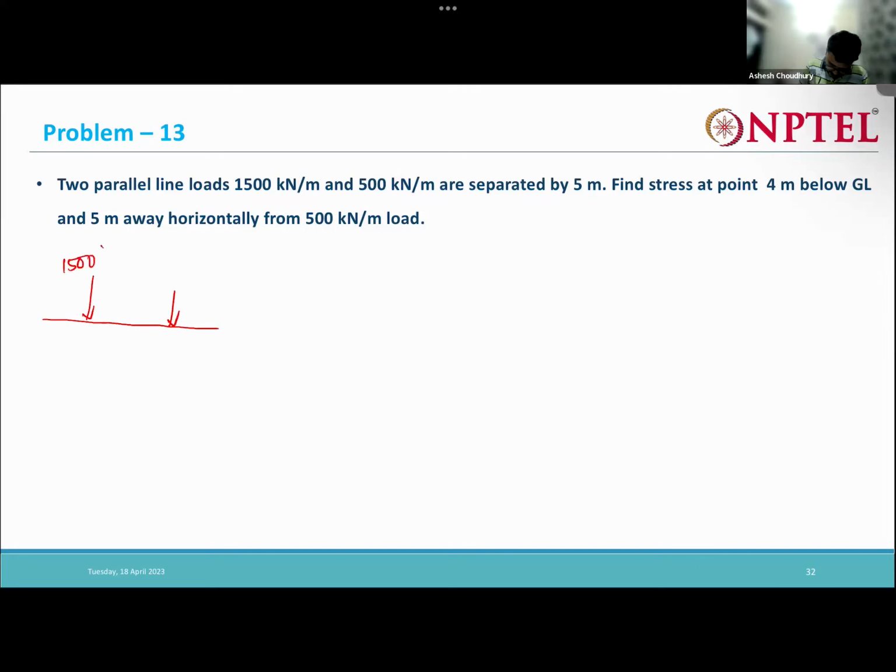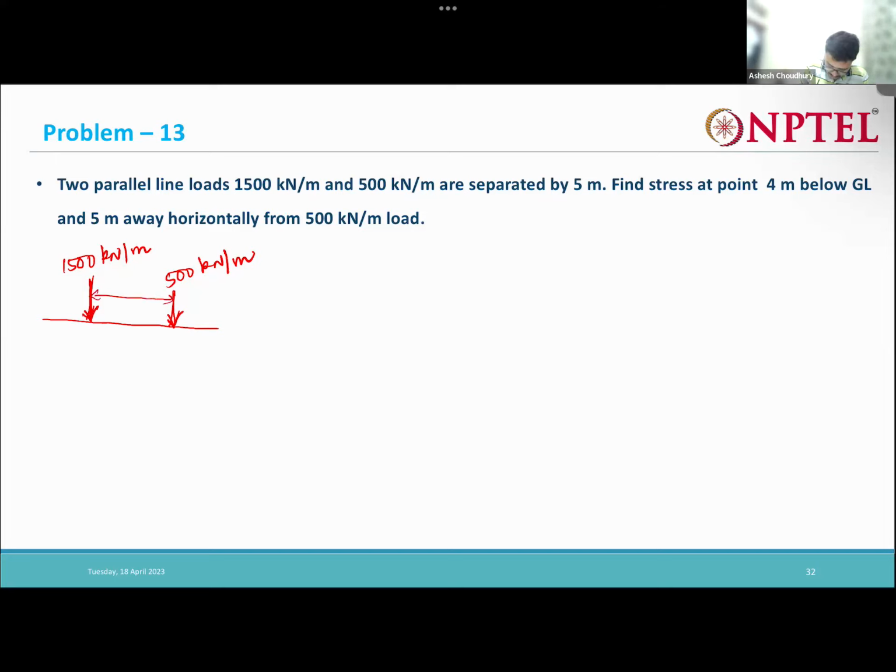This is 1500 kilonewton per meter and this is 500, separated by 5 meters.